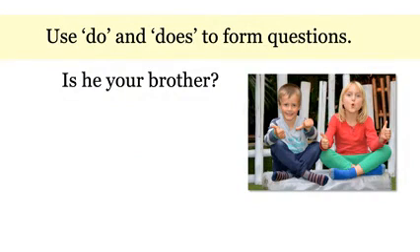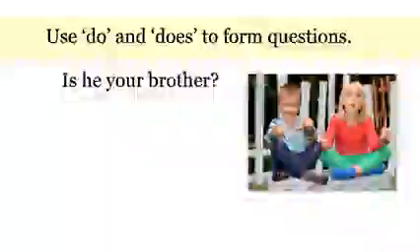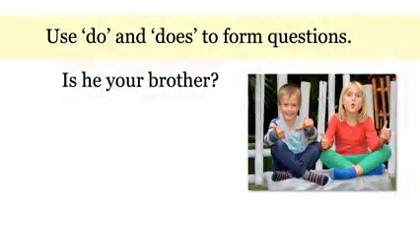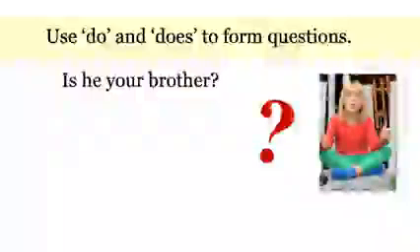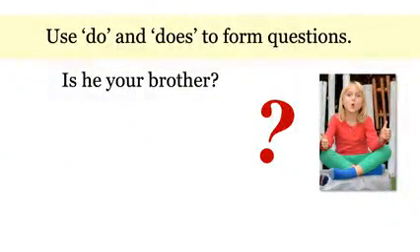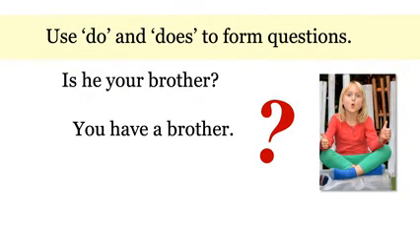Look at the photo. I can ask the girl, "Is he your brother?" The answer is yes or no. But if I don't see the brother, I want to ask her a different question. I want to use the verb have to form a question. You know how to make this statement. You have a brother.